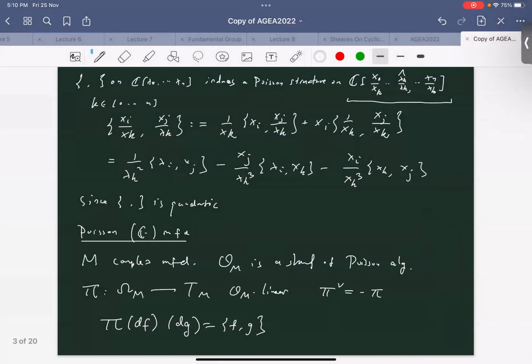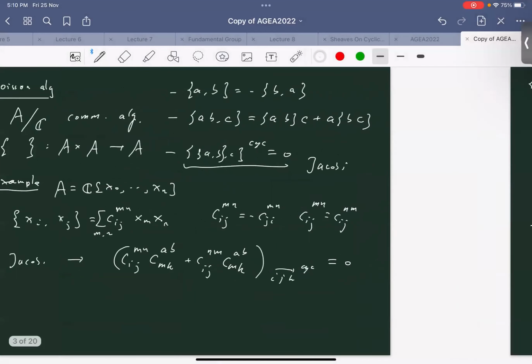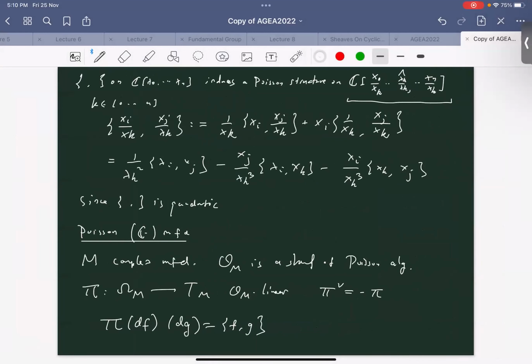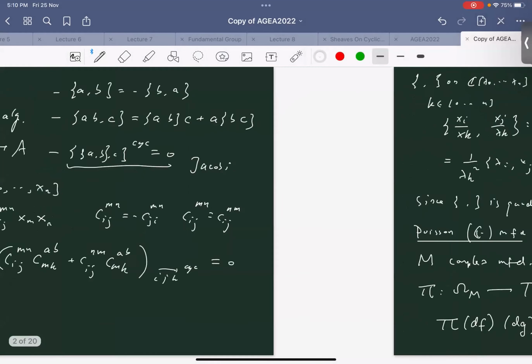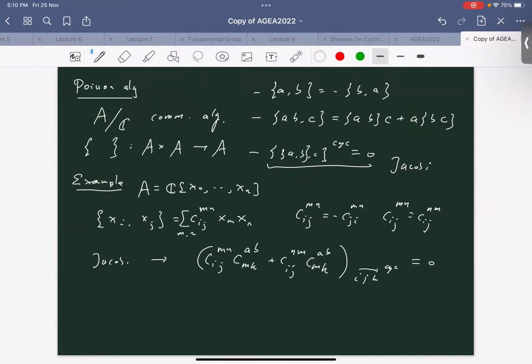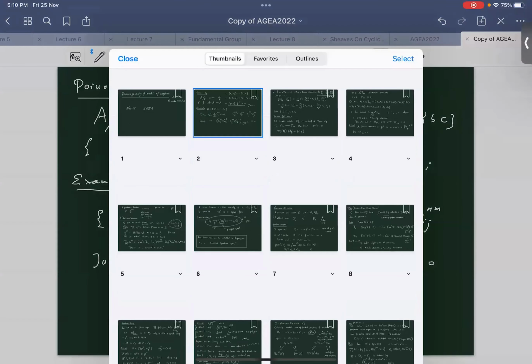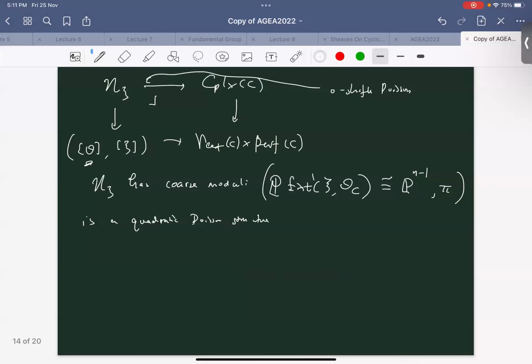If you do some calculation to compute the bracket, it is of this form. Of course it doesn't look like that, but if you translate from the bivector to the Poisson bracket locally, you get exactly a certain quadratic Poisson algebra structure.